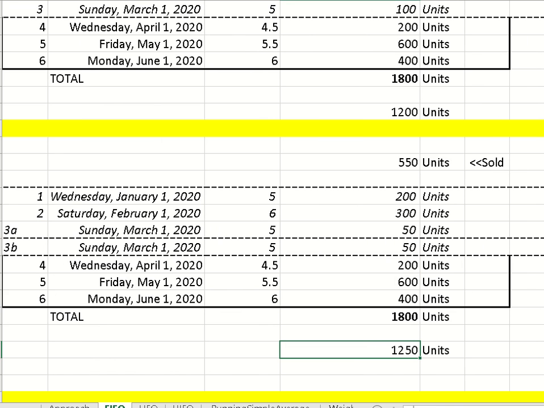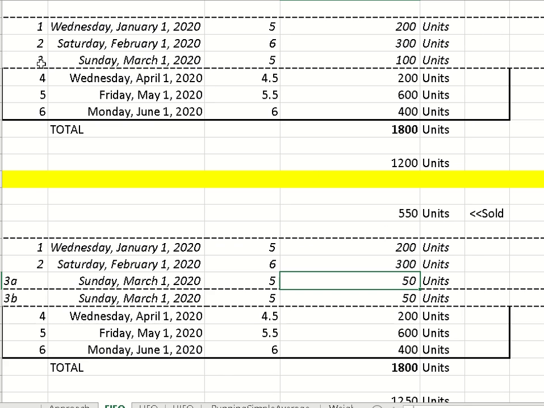Because what happens is that with 550, you sell this first 200 plus 300, that's 500, plus 50. So basically, there is a split now. The purchase order number 3 is now split into 3A and 3B. One goes to be sold and one stays.